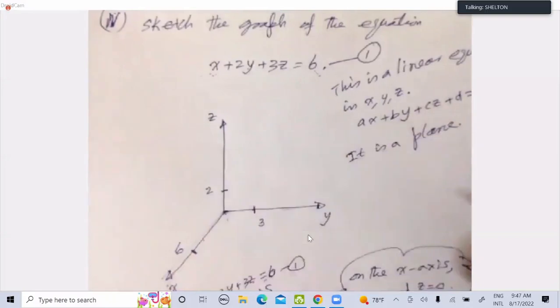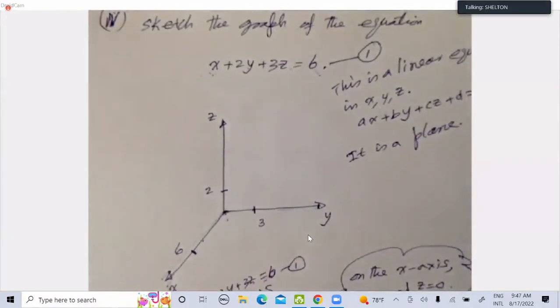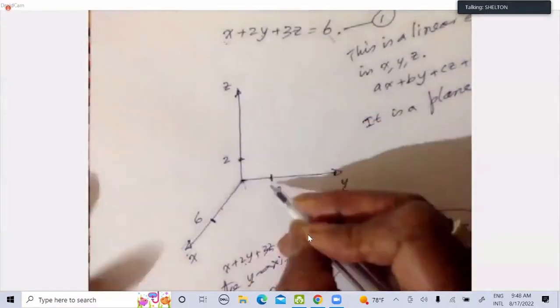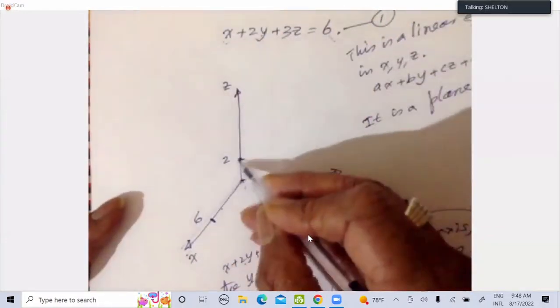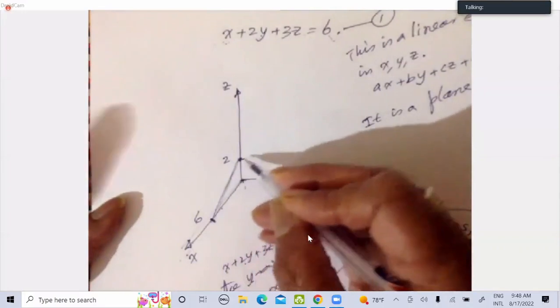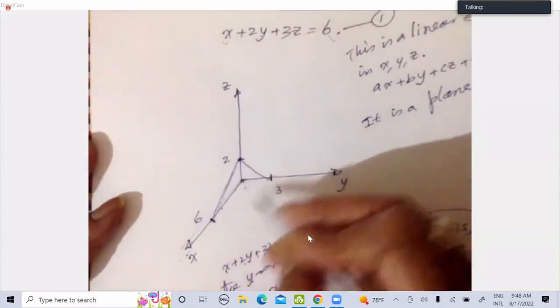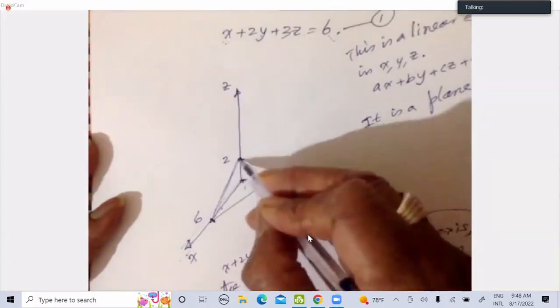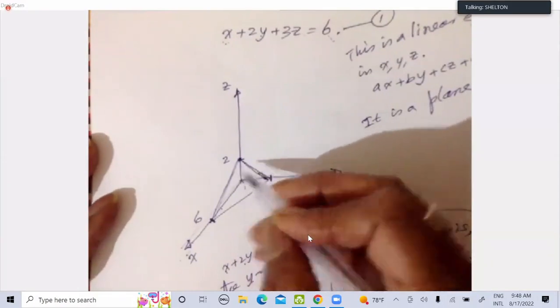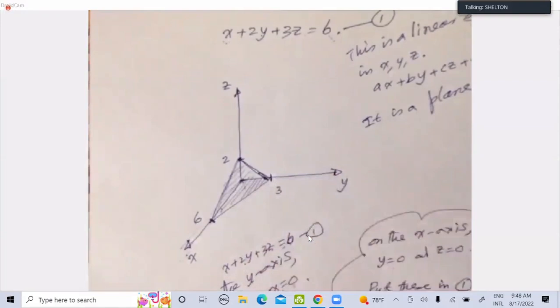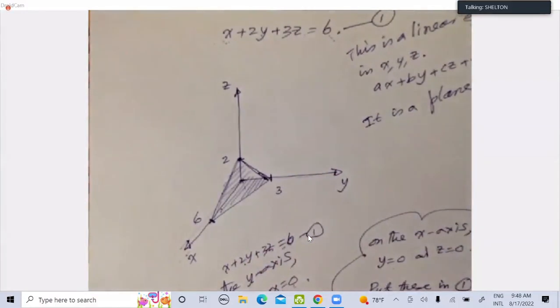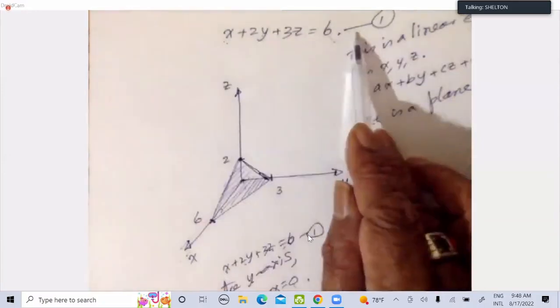Let us say 2 is there. Now I have 3 points satisfying this linear equation. Just join them. In the tute also, I have given, I didn't assign, but I ask you to draw some. That is the plane. This triangle is the portion in the first octant of the plane, given by this equation.